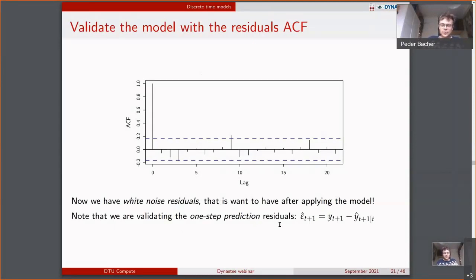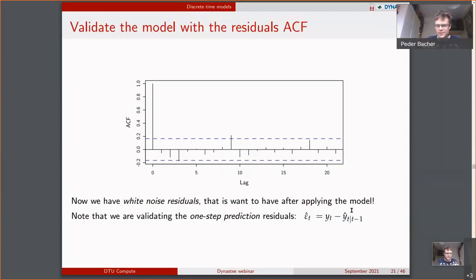Okay, but one thing that we should notice here is that what we're doing is validating the one-step prediction residuals. That's basically how our model is formulated: it takes the observation at time t minus the prediction of the model given the previous time step.